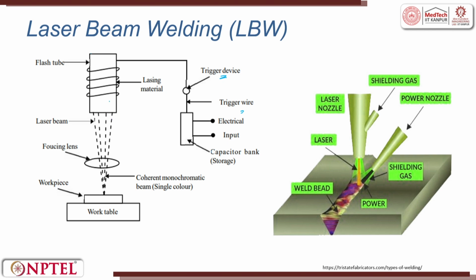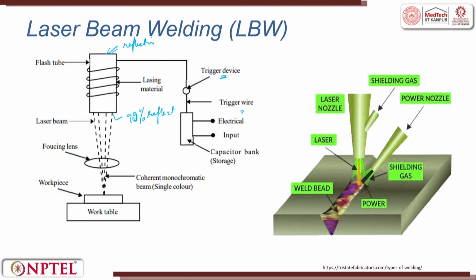Now, the lasing material is excited. This is a 100% reflecting surface. Here we have a partially reflecting surface, 99% or 90% reflecting. The moment there is a critical energy there, it gets released, and this forms the laser beam.